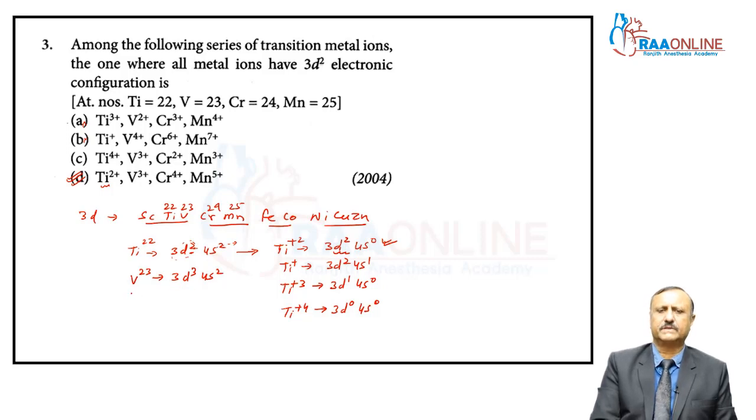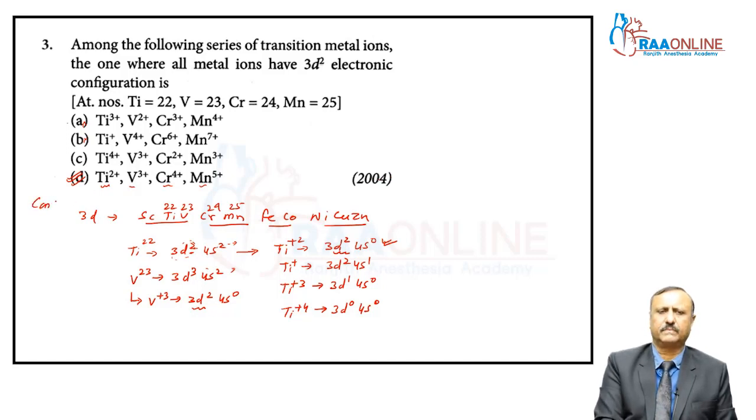When this vanadium is converted into V+3, 2 electrons are removed from 4s and 1 from 3d. That is why it is converted to 3d2 and 4s0. So you get 3d2 electrons. You can see all these ions have d2 electronic configuration. So my dear students, the answer is D, and this question also came in NEET exam 2004.